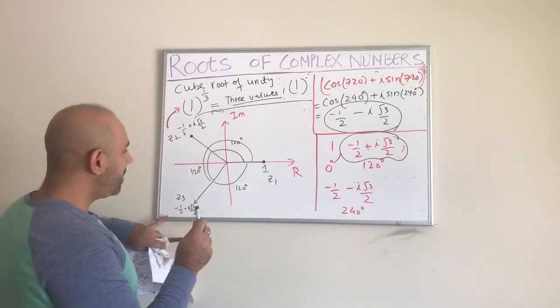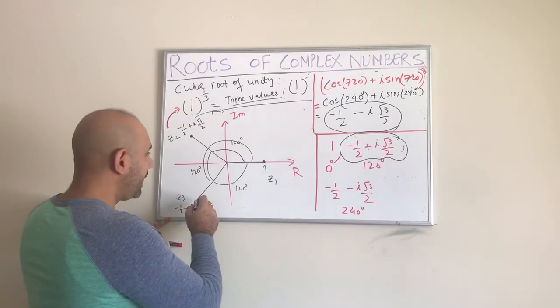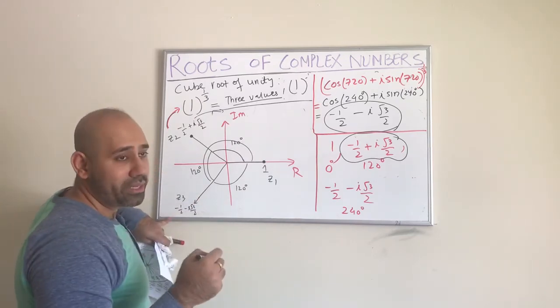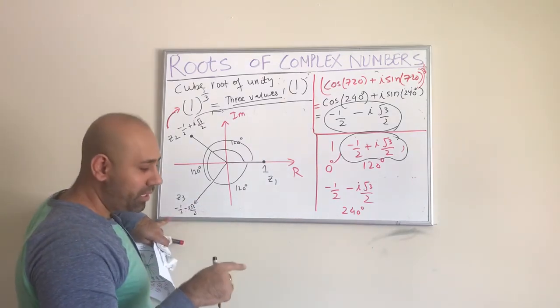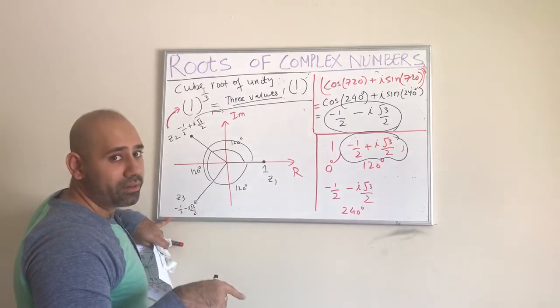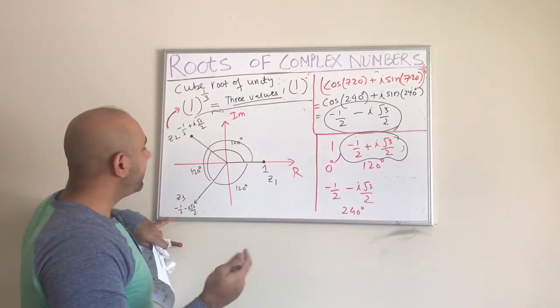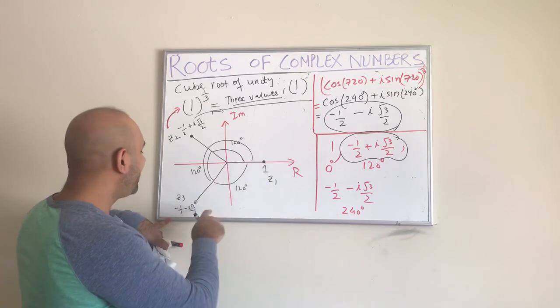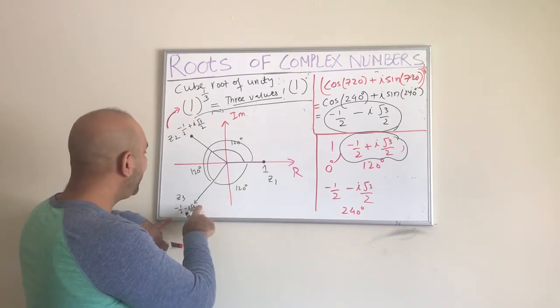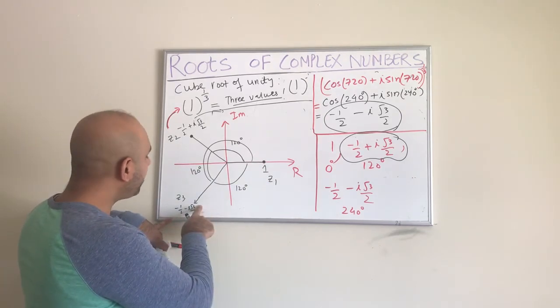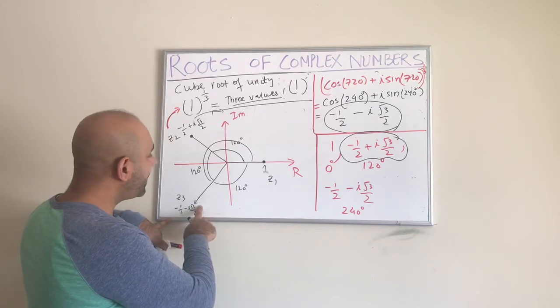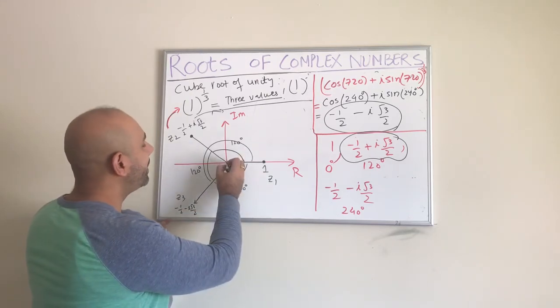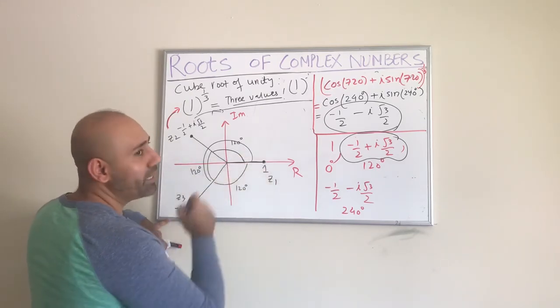Now guys, if we go around one more time, like if you remember, we added 360 once and twice, so we went around twice around this circle, right? This is a unit circle here. If I go around one more time, I'm just going to overlap on this, so it is the same thing, 1.